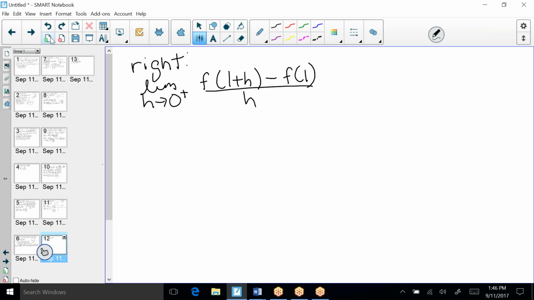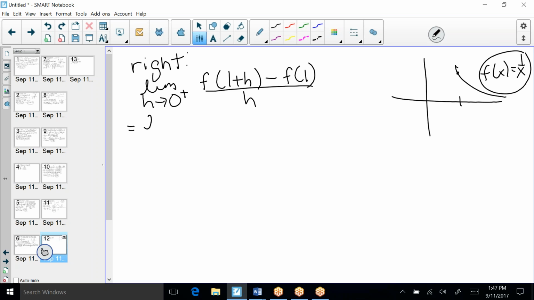But now, if we look back at the previous page, the function from the right-hand side is f of x equals 1 over x. So we're taking 1 plus h and plugging it into that function, and we have 1 over 1 plus h.